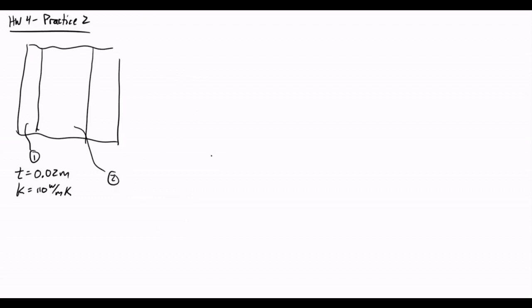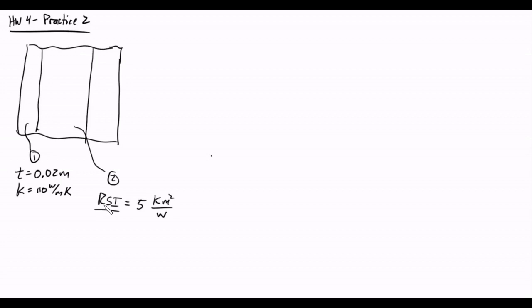Piece of material number 2 is insulation. And instead of giving a thickness and a thermal conductivity, we are just given an RSI value of 5 Kelvin meters squared per watt. Remember, our value of insulation, RSI, is the equivalent in SI units.